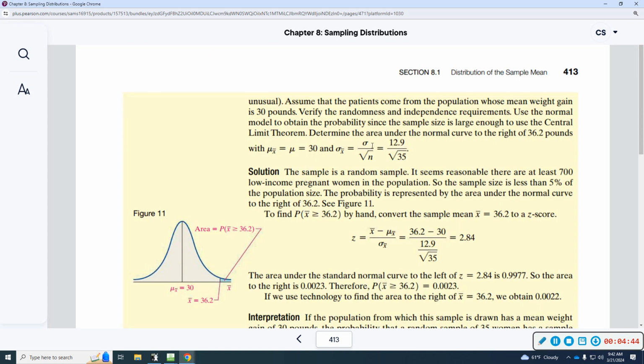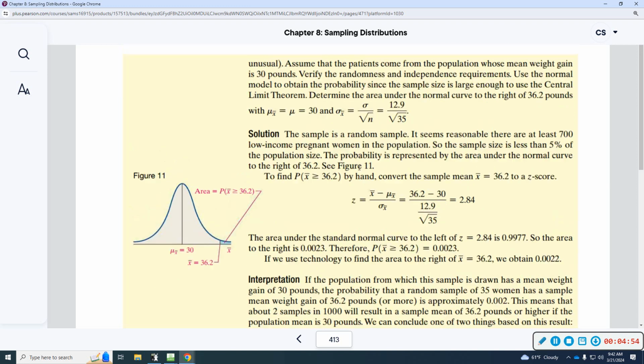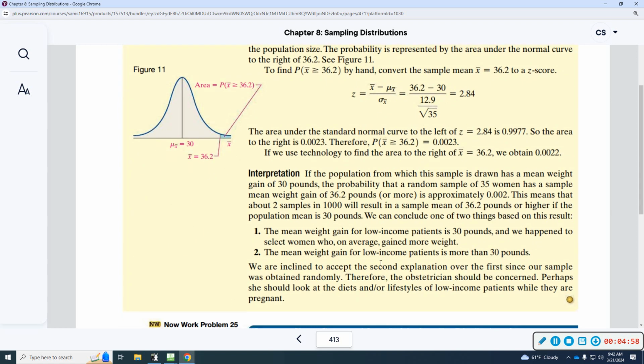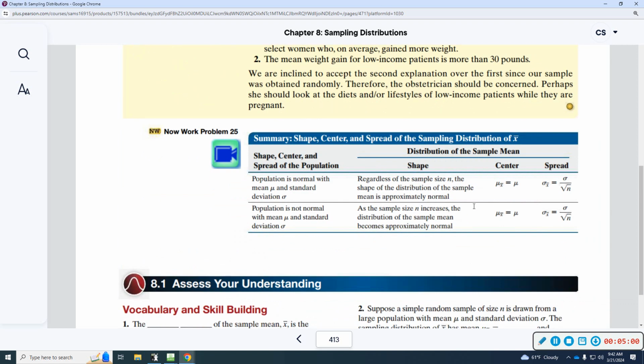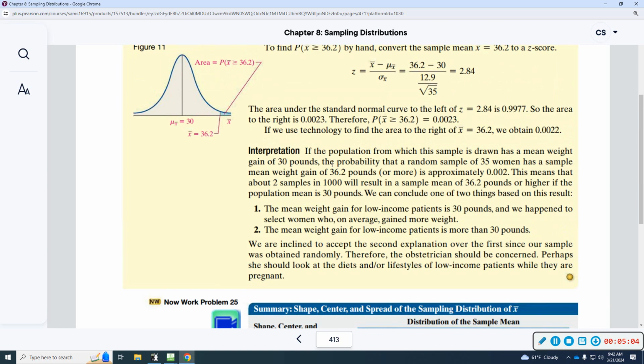So if we know it comes from a normal, again, we can use the normal distribution. If not, we will use the standard normal, or the approximate normal distribution. So the difference is z equals x minus mu over sigma.